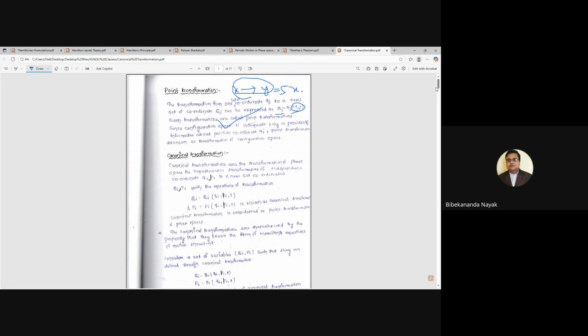But in canonical transformation, we have to change one set of coordinates, or one pair of coordinates, q, p, to a new set, let's say capital Q, capital P, such that the new capital Q is a function of small q, p, t and capital P is also a function of small q, p, t. This transformation is known as canonical.